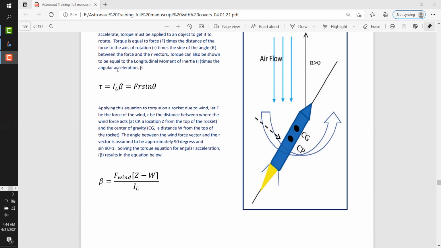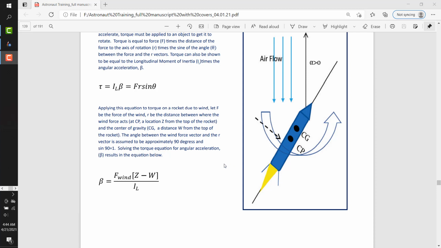Applying this equation to torque on a rocket due to wind, let F be the force of the wind. Let R be the distance between where the wind force acts, which is at the center of pressure, a location Z from the top of the rocket, and the center of gravity, a distance W from the top of the rocket.